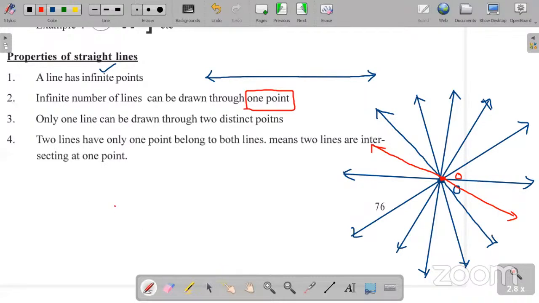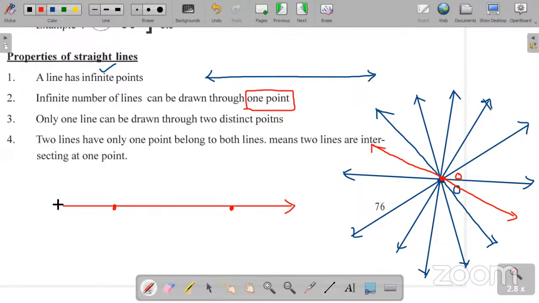For example, you take two points. From two points, how many lines can be drawn? Yes. So through two points, that means two distinct points, how many lines can be drawn? Yes, only one line can be drawn. Join these two points.